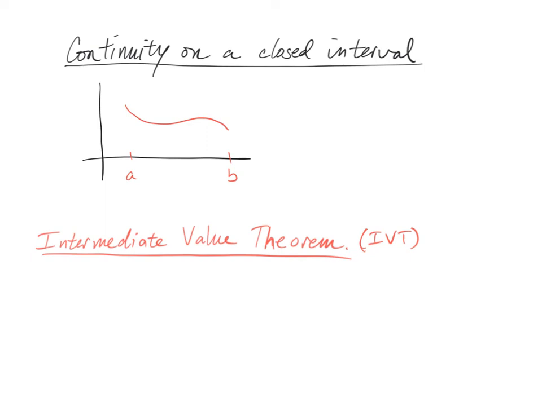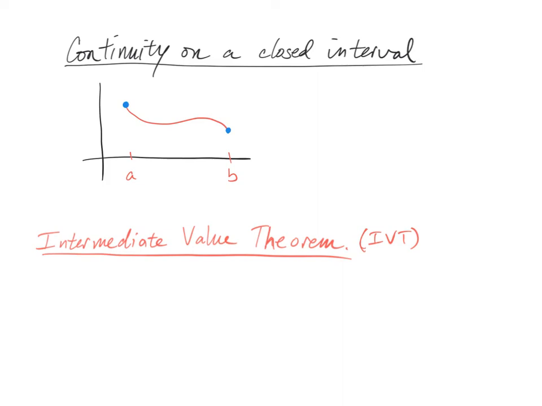And continuity on a closed interval means that at these endpoints, you have closed dots that match up with the old definition of: you can draw this graph without lifting up your pencil.